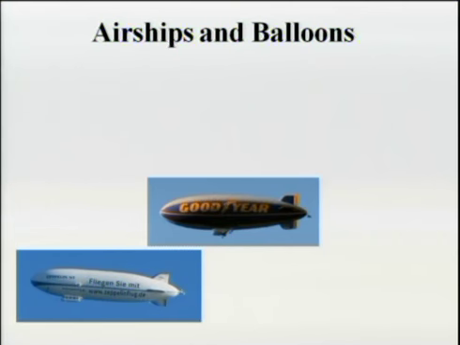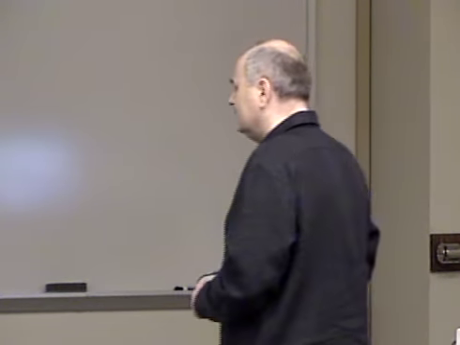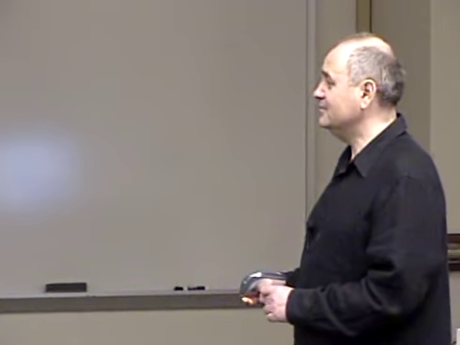At the beginning of the 20th century, it wasn't even clear what kind of vehicle we were going to use for flying, until the accident with the airship in 1937, I think, when the Zeppelin Graf Hindenburg burned.